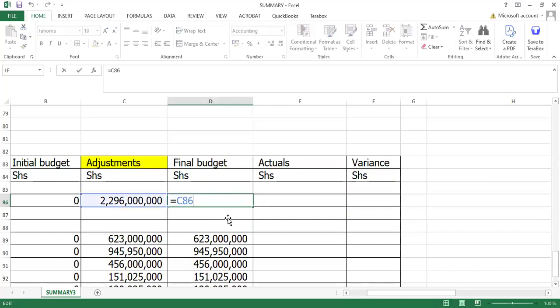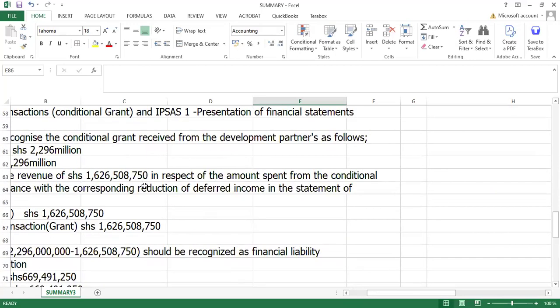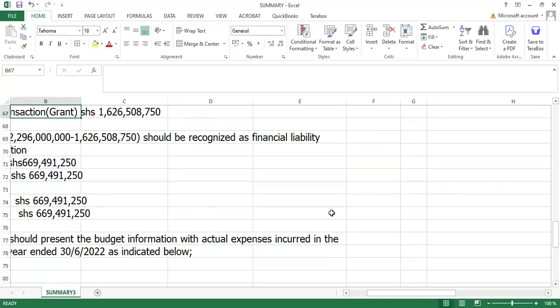We are recognizing how much as our revenue from what we managed to incur. Okay, you can start from 1626. We have that figure here.